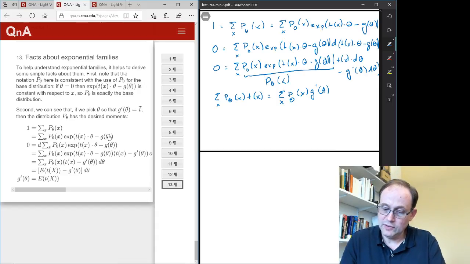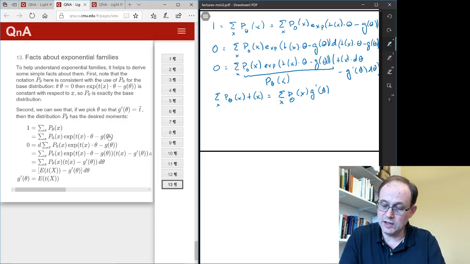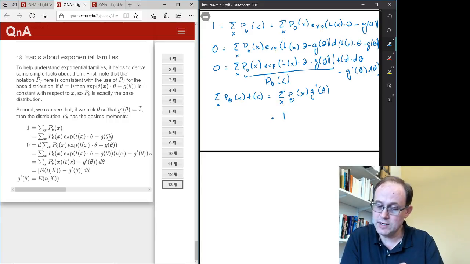Here g prime of theta doesn't depend on x, and p theta of x has to sum to 1. So this right-hand side is 1 times g prime of theta.